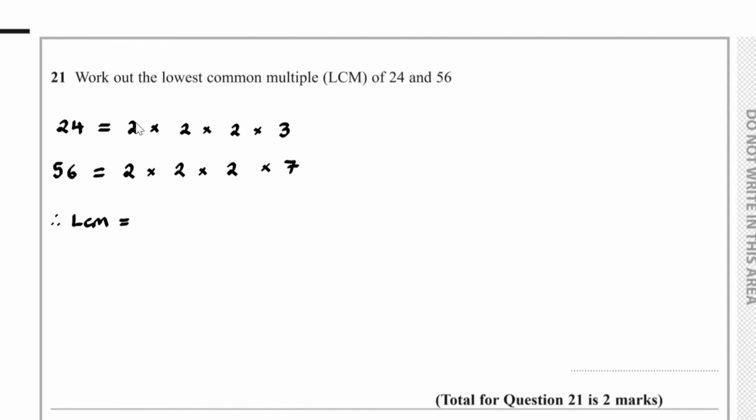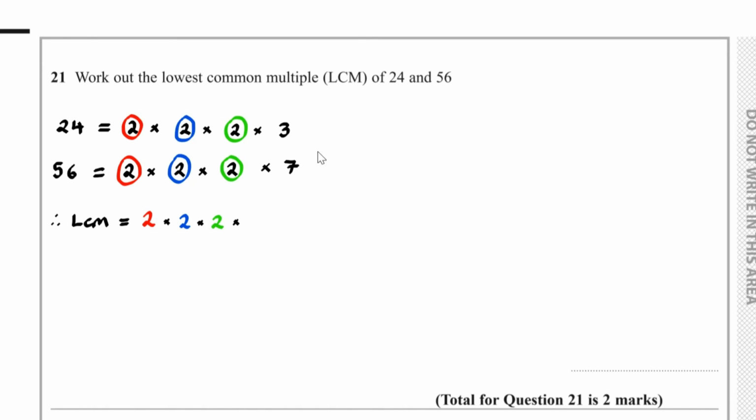We can do this by seeing that we've got a 2 which is common to both. Then we've got the 2 here which is common to both. Then we've got this 2 here which is common to both.